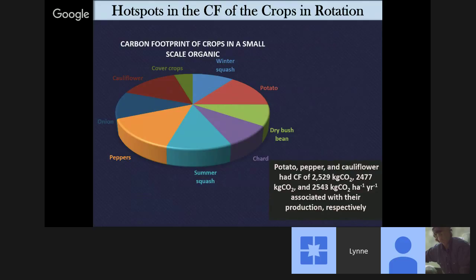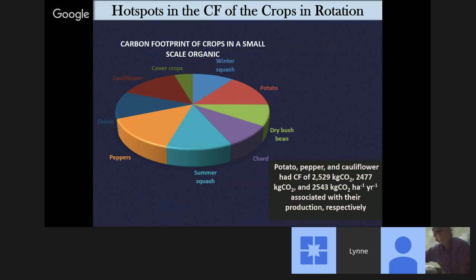There were 9 primary crops and cover crops being grown, and you can see that the potato, pepper, and cauliflower had the most significant footprints in terms of the area footprint.